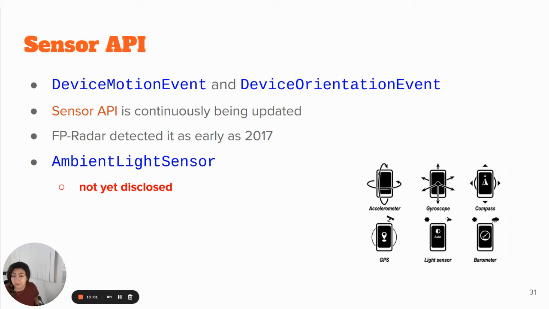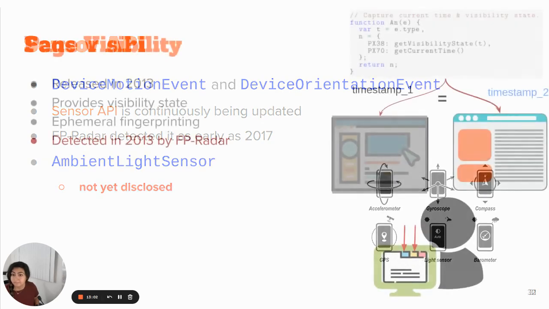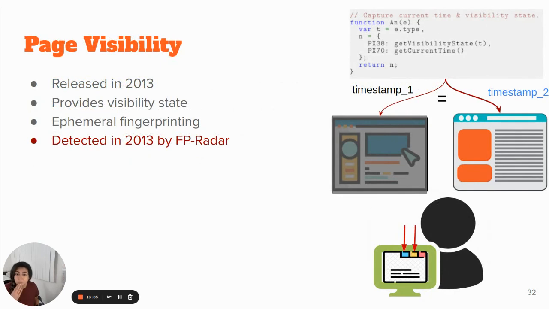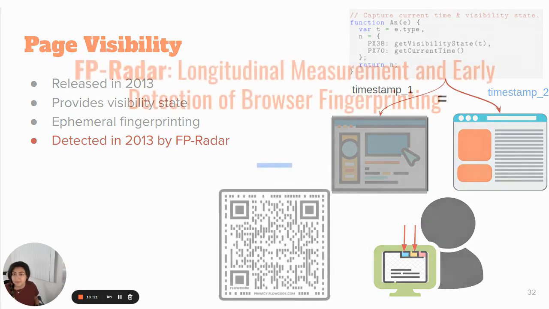And as far as we know, it is not publicly disclosed. We have also detected use of other API keywords, including page visibility, and a number of API keywords in the web worker, gamepad, and clipboard APIs. But because of time limitation, I can't go through them, but you can read more about them in our paper.